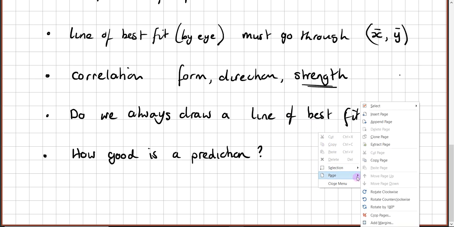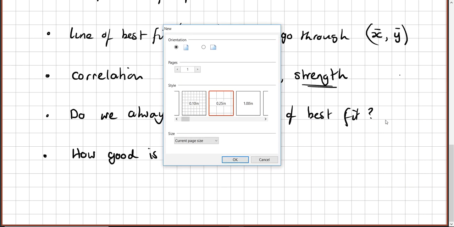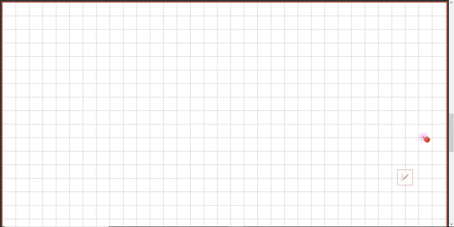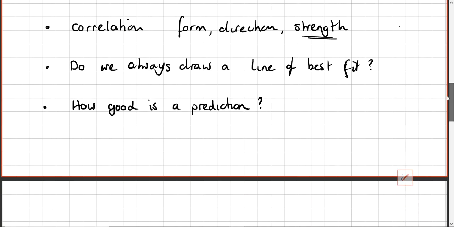Does that mean that if you have a really strong correlation, your prediction is still definitely a good one? Not definitely. Well, it depends if it's interpolation or extrapolation. Okay. And there is another word we do need to consider.